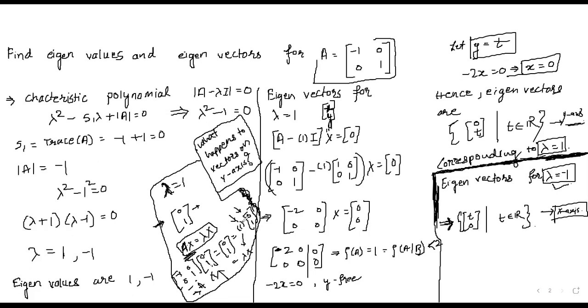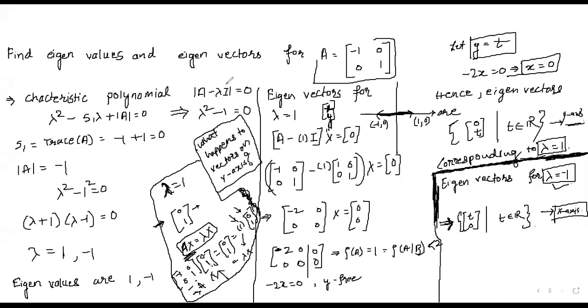Can I say that it is a reflection? Yes. Take a vector on the x-axis, for example 1, 0. After the transformation, what are you going to get? -1, 0. So what happened? The reflection about the y-axis.